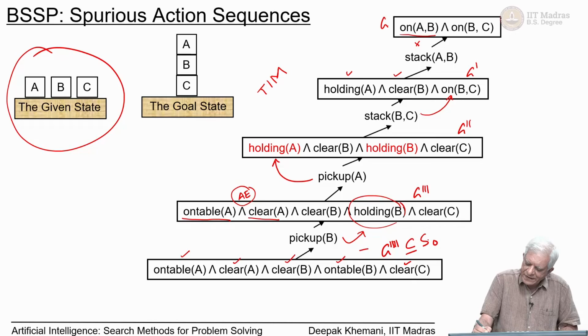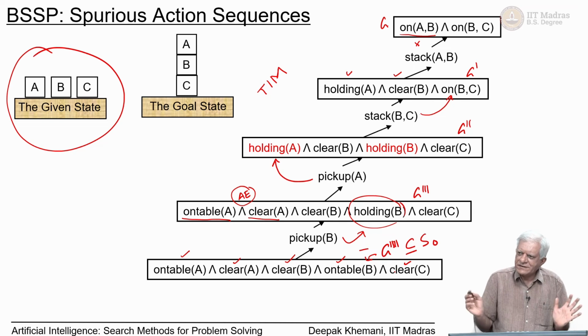Yeah, that's what I'm saying. When we reach S0, it should include on table C as well. Yeah, S0 includes on table C, but G 4 primes is what is described here essentially, and that happens to be a subset of S0. So, that is a termination criteria.